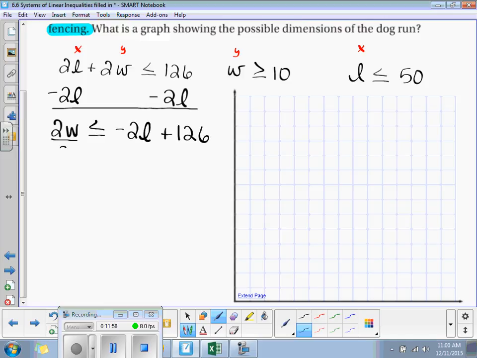Then we will divide by 2. So W is less than or equal to negative L plus 63.